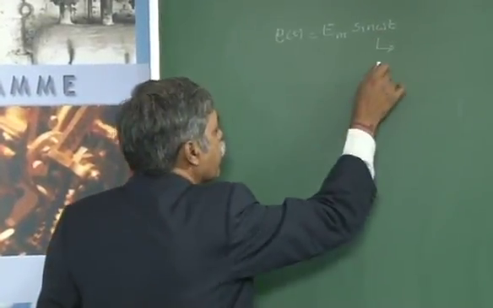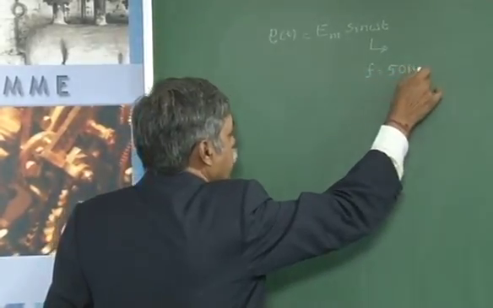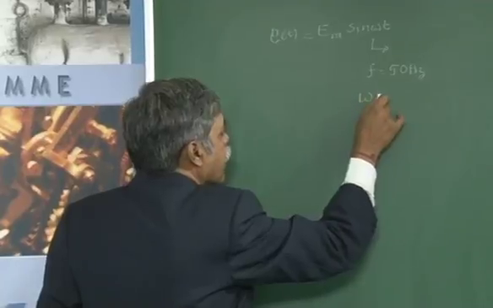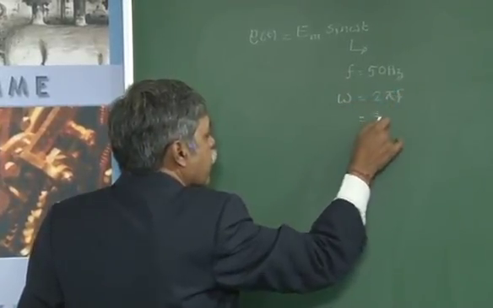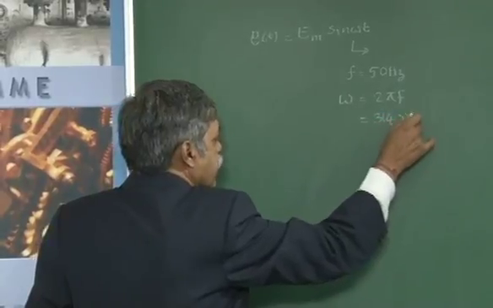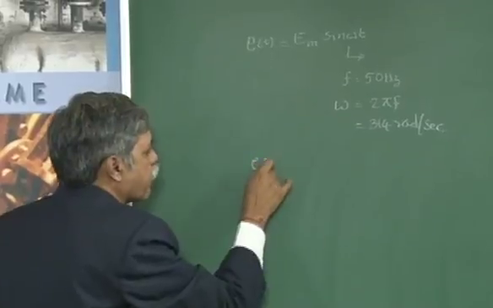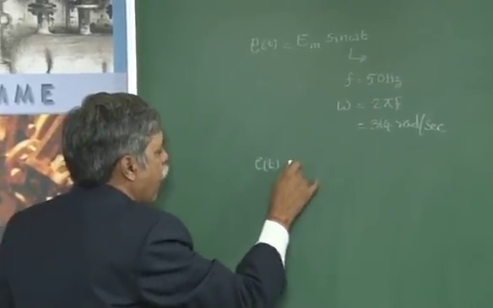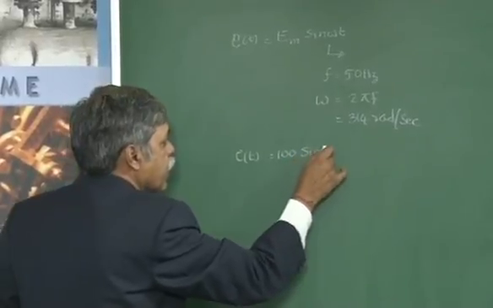If the frequency f is 50 hertz or 50 cycles per second, omega is given by 2 pi f, that becomes 314 radians per second, and the instantaneous value of the voltage for a maximum value of 100 volts becomes 100 sin 314 t.